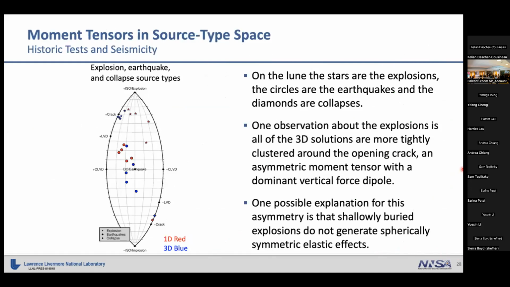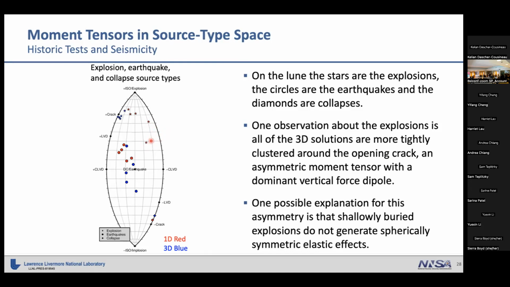So for the historic tests and the seismicity as a whole, if you look at the 1D and 3D, with a similar color scheme, the 1D is the red dots and red symbols, and the blue is the 3D. One of the issues we saw with some of the explosion data was that the 1D solutions were looking less isotropic.